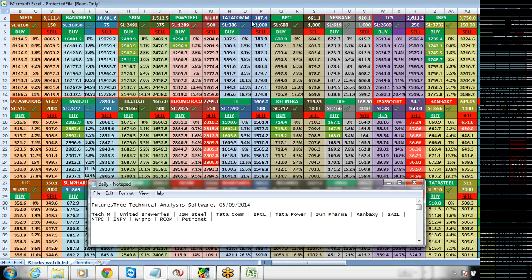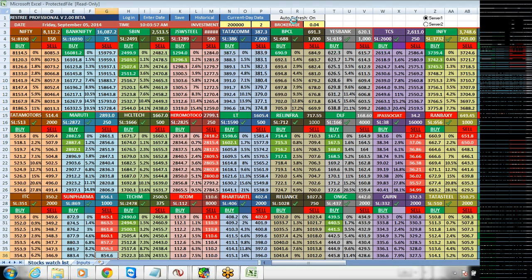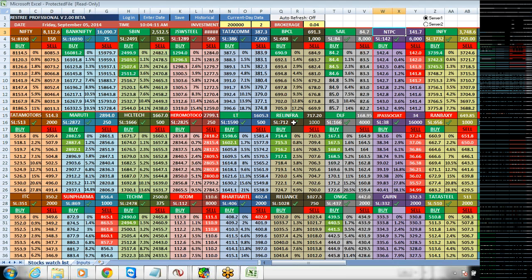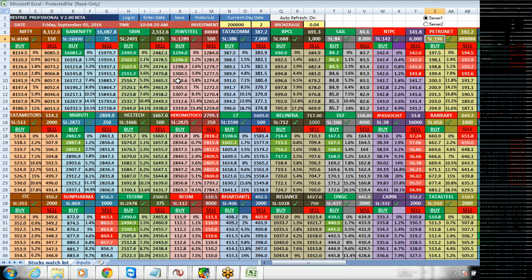RCOM is already there, Petronet. Let me add SAIL, NTPC and Petronet. So these are the calls that are on trade actually. I mean, these are on news actually.